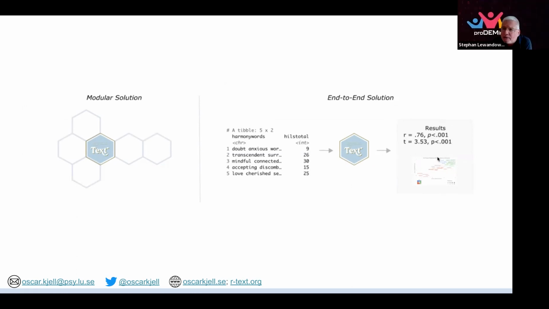Fantastic. So if I have 100 people's open-text responses in one column, and 100 personality scores in another column, then this one command will train the word embeddings to predict that personality and tell me what the correlation is.